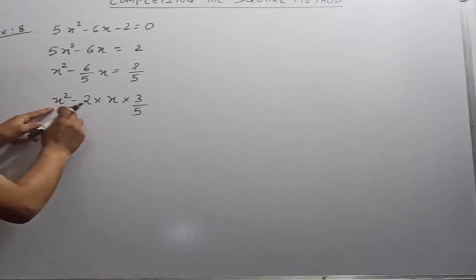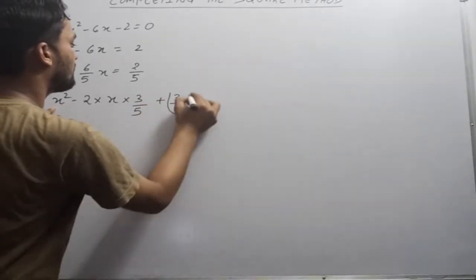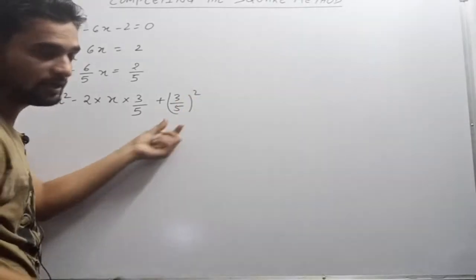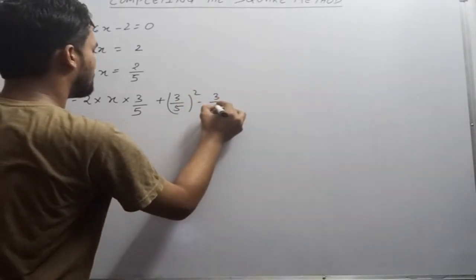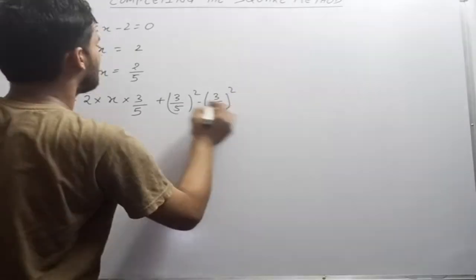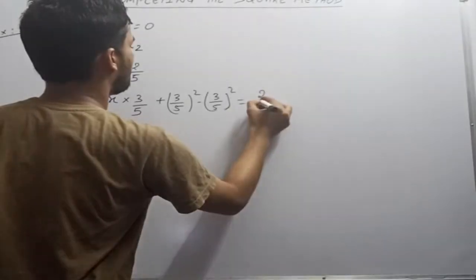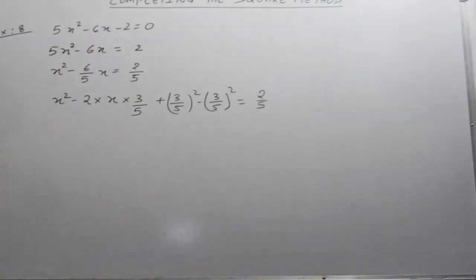So a square minus 2ab plus b square, and this is the extra part, as you know, so this will be subtracted also, so that our equation remains equal to the previous one, is equal to 2 by 5.